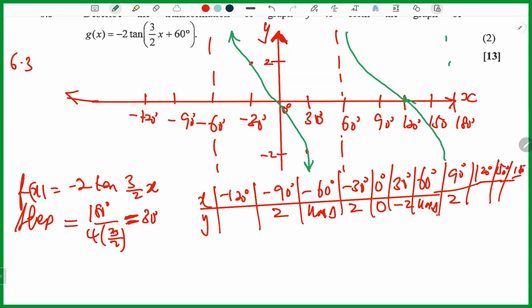There's going to be an asymptote at 180, because at 180, you divide it by 2, you get 90, by 3, so this becomes 270. So the tangent becomes undefined there. But you note that at 120, you divide 120 by 2, it becomes 60, by 3, it's 180.